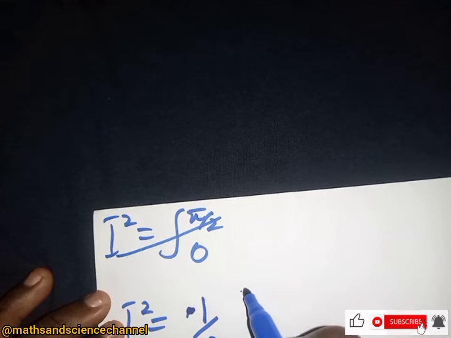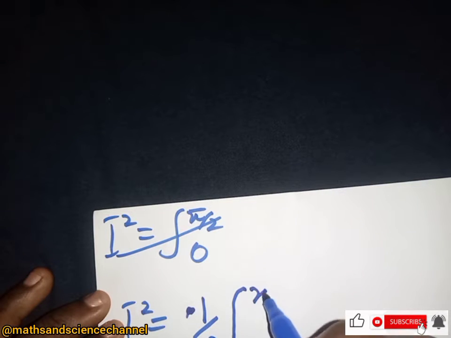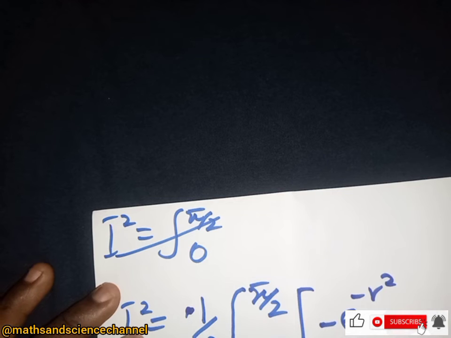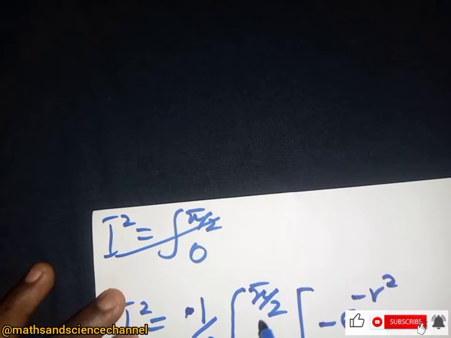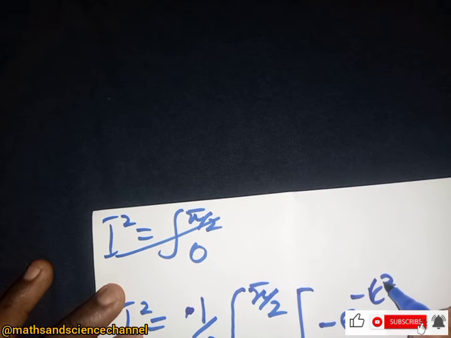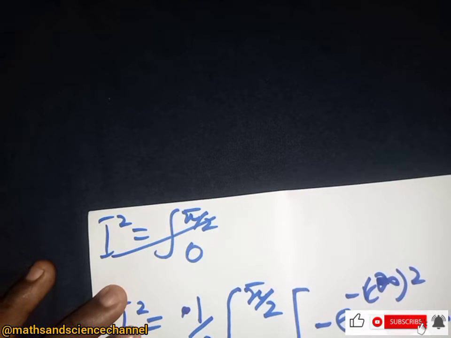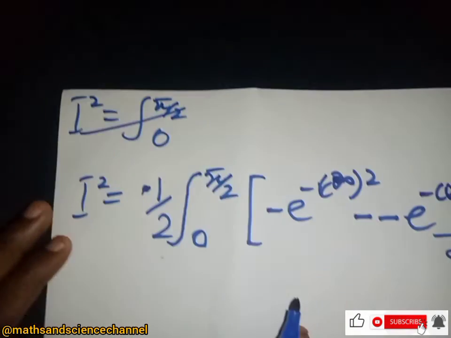So 1 over 2 outside, and then we have the integral pi over 2, 0, and then what is left is just negative e exponent r squared, but this time r is infinity squared, minus e, then we have 0 squared here. But remember, it's then the theta.